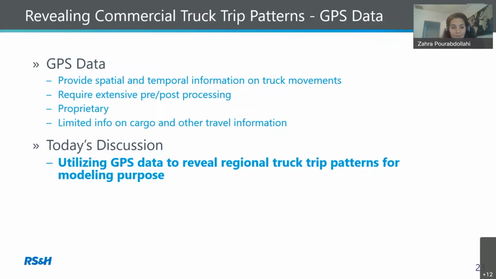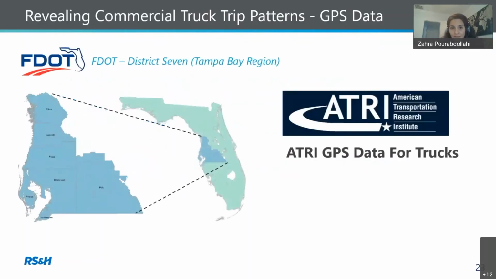But for today, we are going to show how we used GPS data to reveal regional truck trip patterns for modeling purposes. This was a project delivered to the Florida Department of Transportation in District 7, the Tampa Bay area, as you see here.